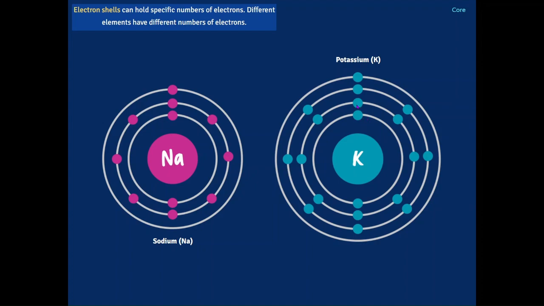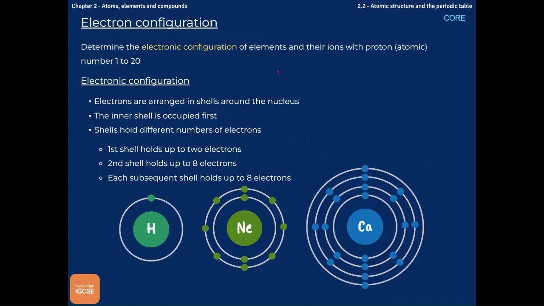Potassium has 2, and then 8 in this ring, and 8 in the next ring, plus one more, that would be 19, right? So each element is going to have a different number of electrons, and the electrons arrange themselves in a very specific way around the nucleus in these shells. So we need to learn how to do this, right?